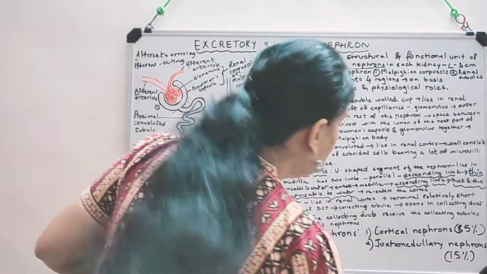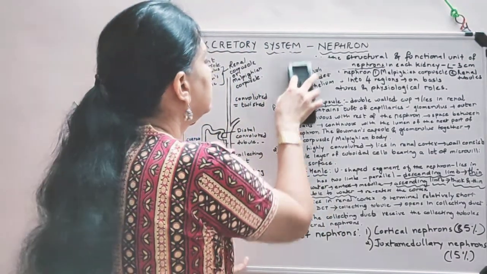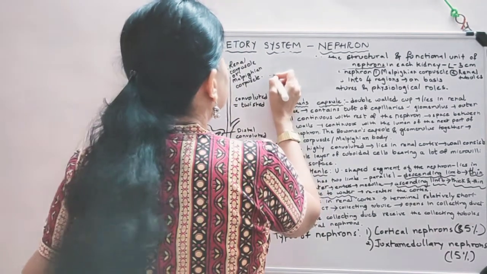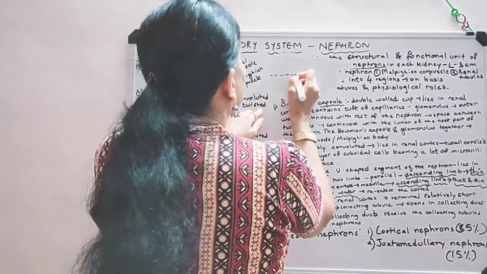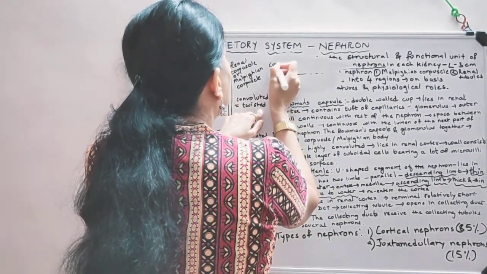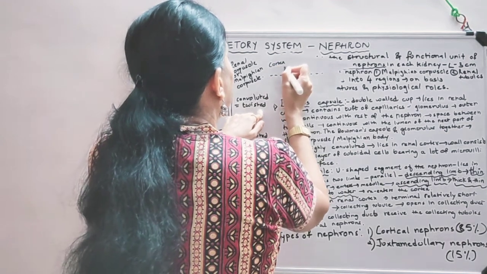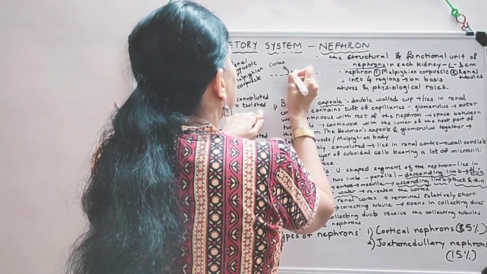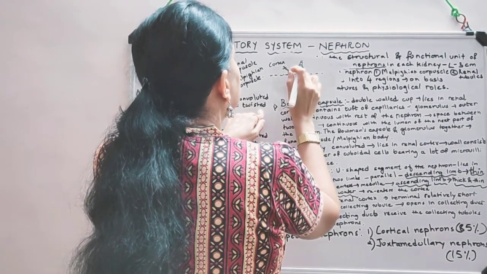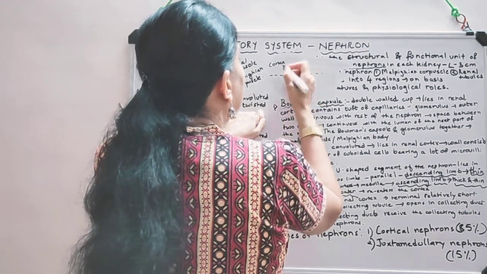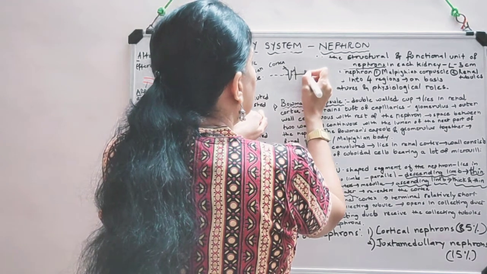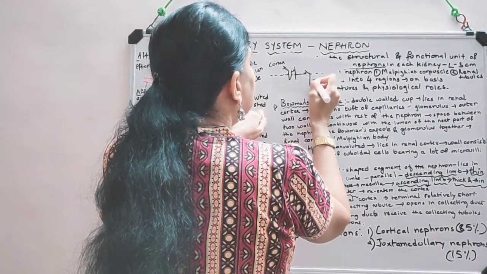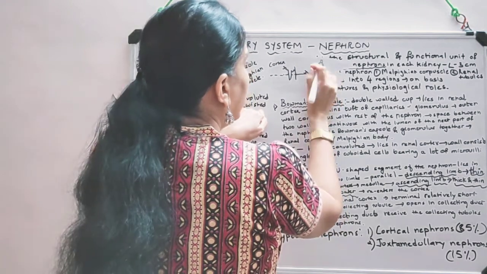If I draw a loop over here, just drawing the loop of Henle, this is the cortex. I am drawing a nephron over here. This is the cortical nephron, okay? And if I draw a juxtamedullary one, you can see the depth of the loop of Henle.